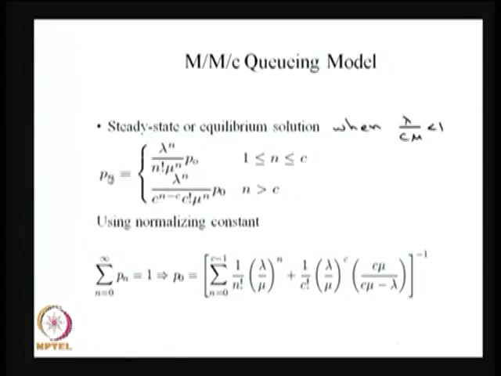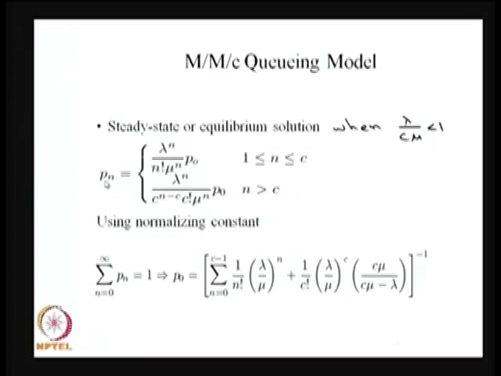And if you recall the birth-death process steady state probabilities, pi naught is 1 divided by a series. Whenever the denominator series converges, then you will get the p n's. So either I use p n's or pi n's, both are one and the same.